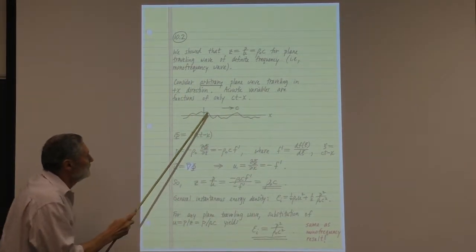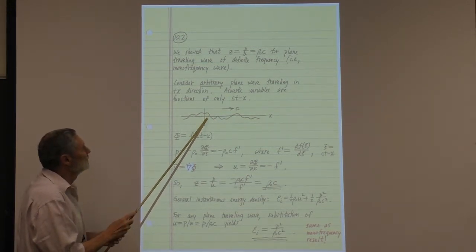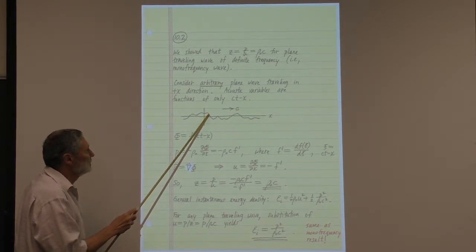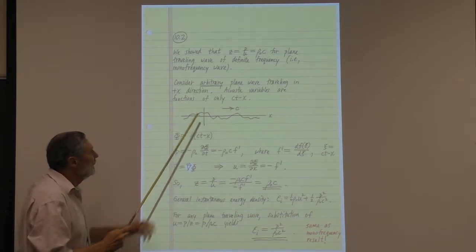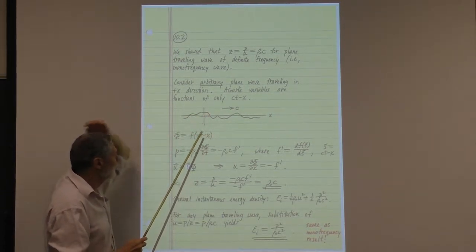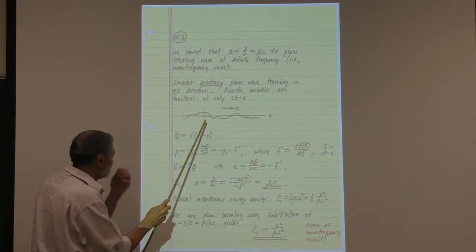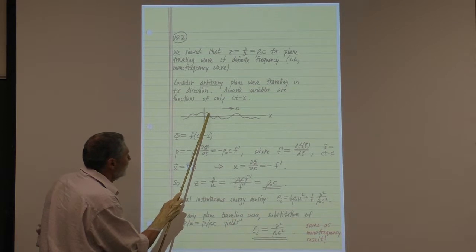So what that means is a point of constant phase here, you can think of this as pressure if you like, a point of constant pressure here is going to move with the speed c. And what that means is it's moving at speed c.